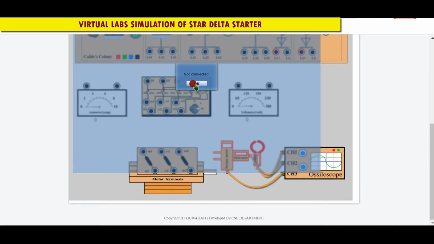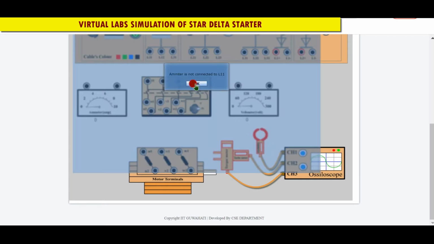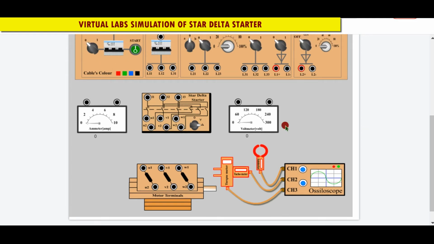You can see the three channels CH1, CH2, CH3 of the oscilloscope, where you can see the waveform. This is the tachometer, the torque meter, and this is the non-contact ammeter.